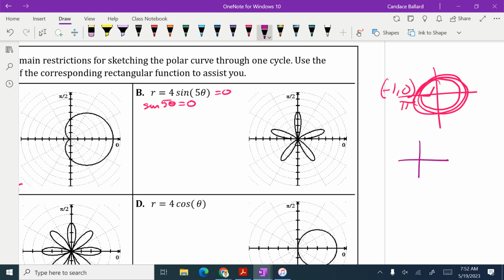Where are my y values equal to 0? What radian measures? I heard it, 0 and pi, right? So 0 and pi. Remember with this multiple angle thing in here, we go 5 theta equals 0 and 5 theta equals pi.